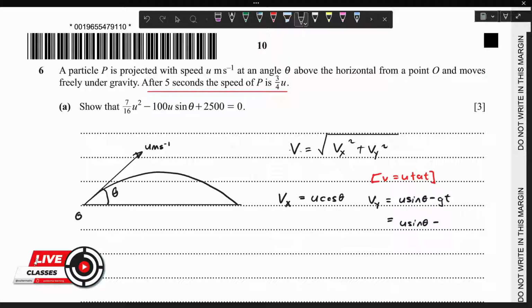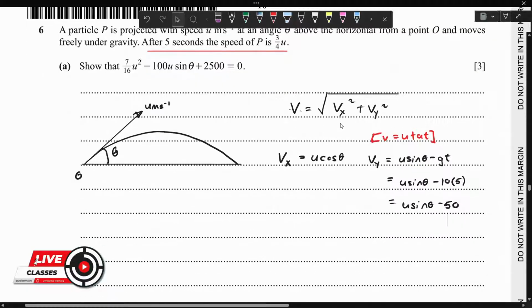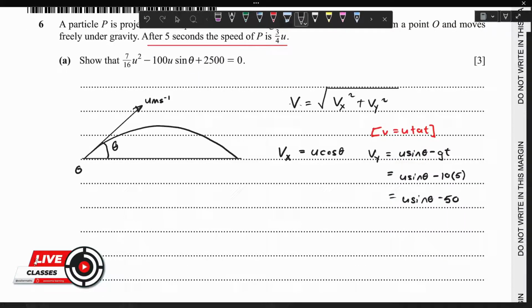So 10 times 5 seconds, so it's u sine theta minus 50, basically. All right, so this is what we have. So we have Vx and we have Vy here. And now we can say V squared.